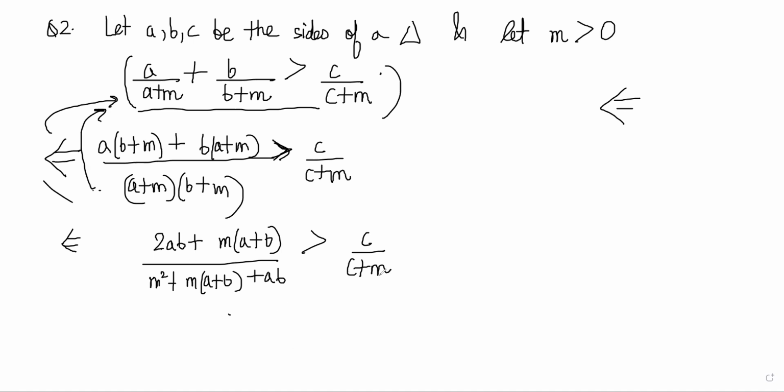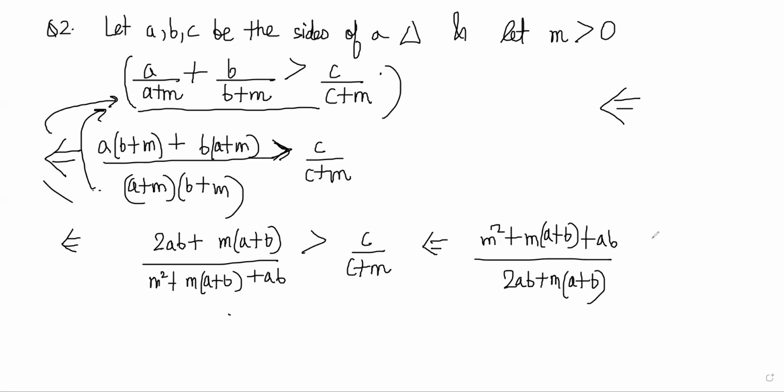So I have this, and if I take a reciprocal at this stage, m square plus m into a plus b plus ab by 2ab plus m into a plus b is less than m plus c by c. I have to reverse the inequality if I take reciprocals.